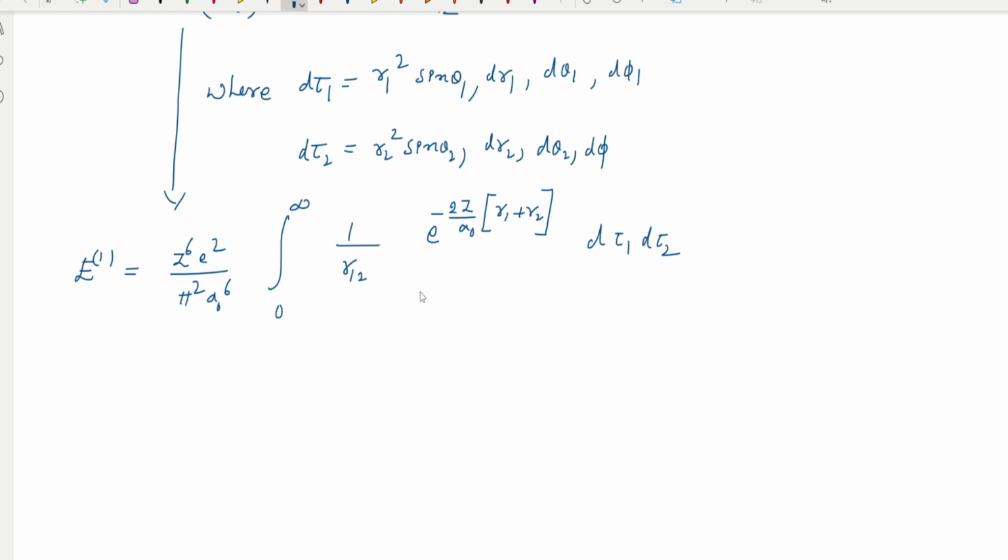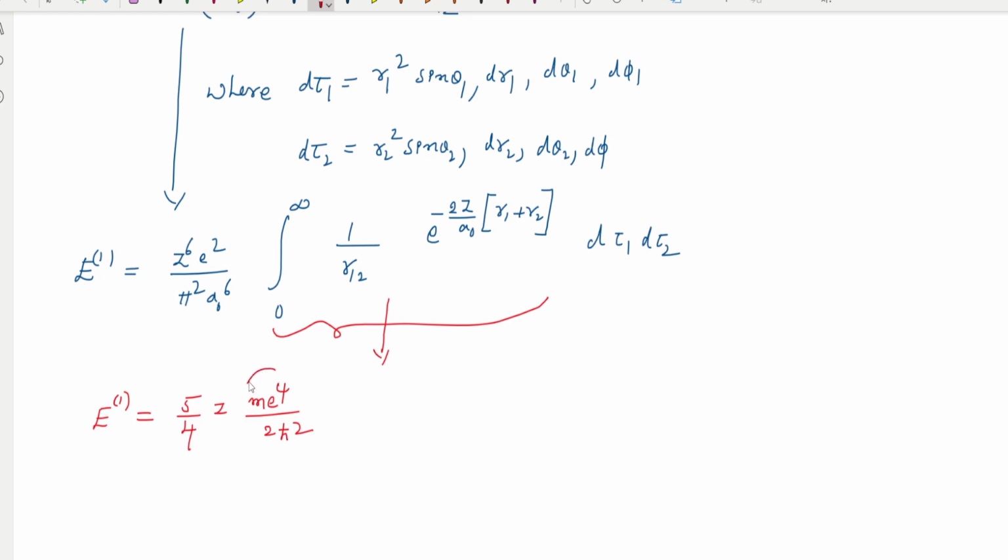So I'm using the direct answer here. If we try to solve this equation, you'll get an answer like this. The first order correction energy is 5 divided by 4 Z m e power 4 divided by 2 h cross squared.